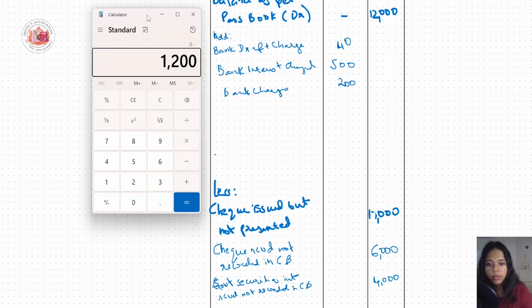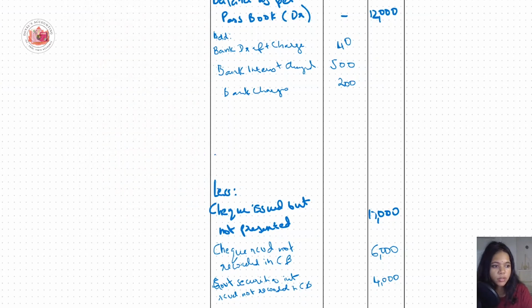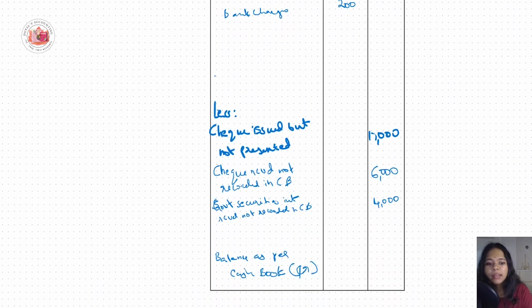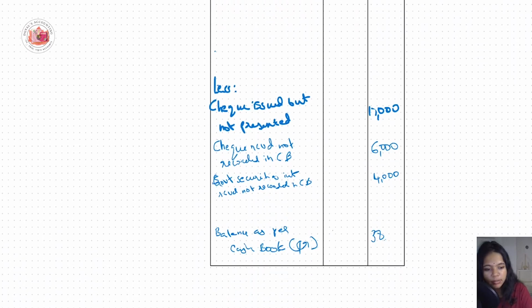So minus 12,000 plus 40 plus 500 plus 200 minus 17,000 minus 6,000 minus 4,000 gives me a balance of 38,260. Is that what I got in my question? Yes, 38,260. That means we have correctly reconciled our passbook with our cash book.